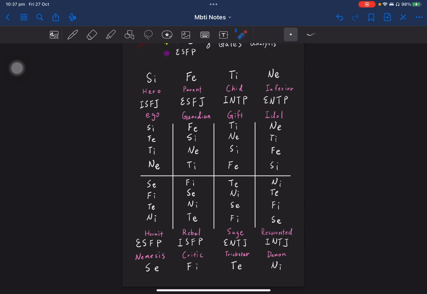And so yeah, anyway, everybody has all 8 functions as we talked about before, and that's why there are 8 gates, because you can gateway into each one of your functions. And the next one is the critic, which gateways into the rebel, because when you are criticized too much, you want to push back, right? So that is the reason why the critic is linked to the rebel.